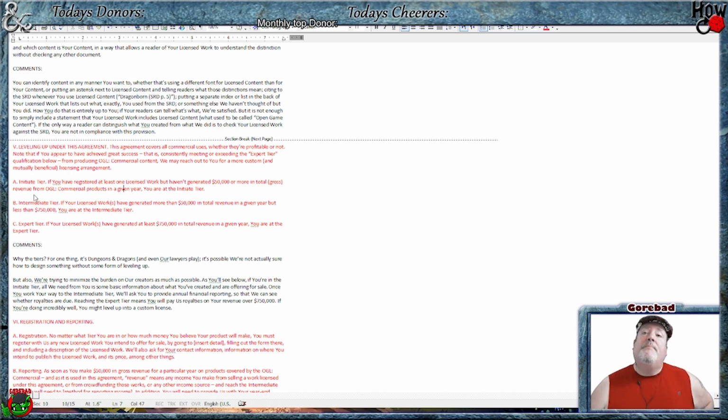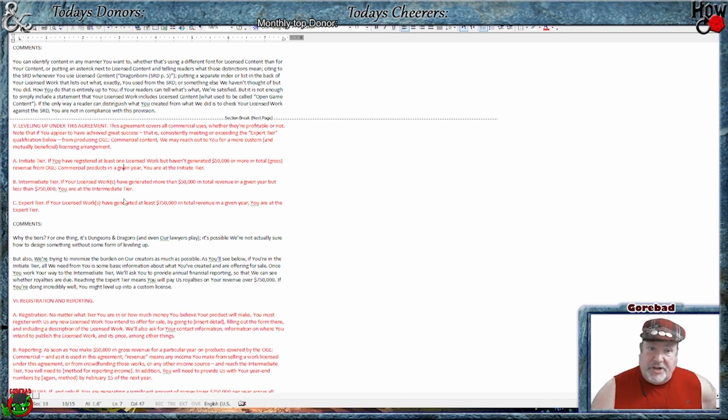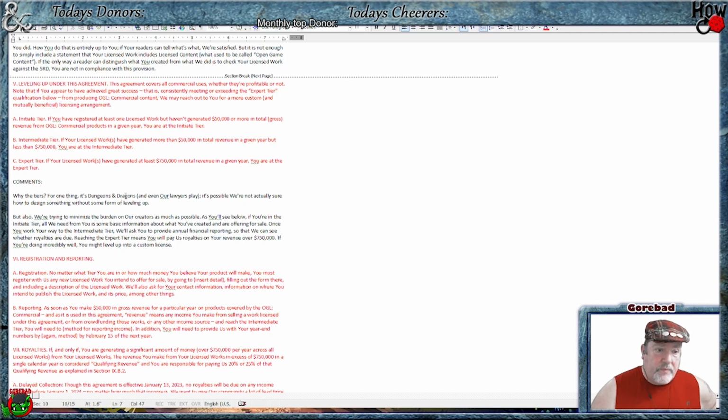Then there's the intermediate tier. If your licensed works have generated more than $50,000 in total revenue, but less than $750,000, that is your tier. The expert tier is if you are generating more than $750,000 a year.